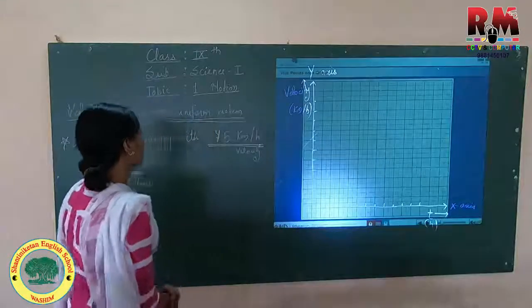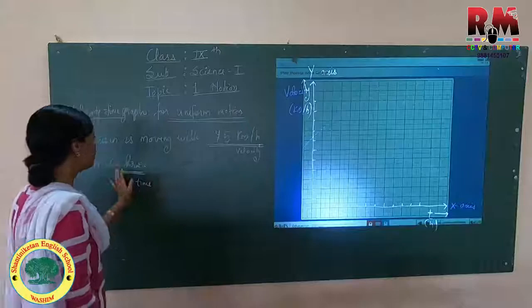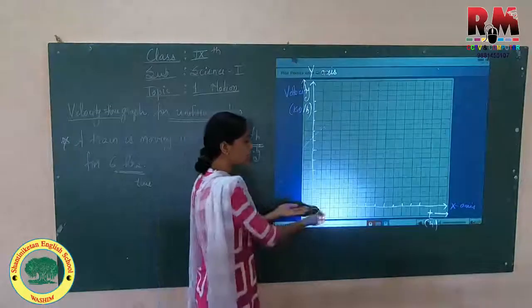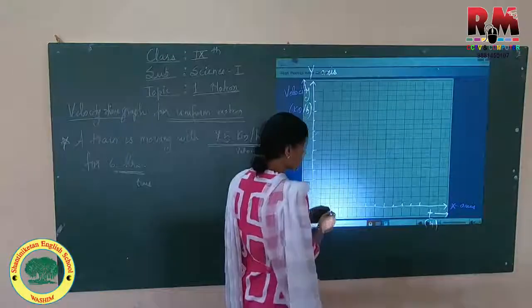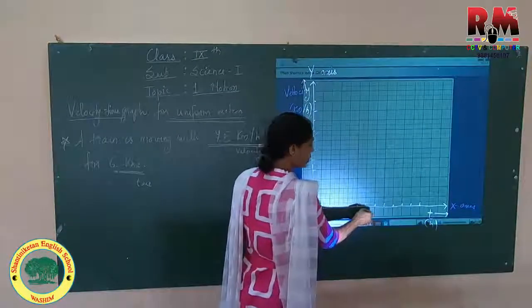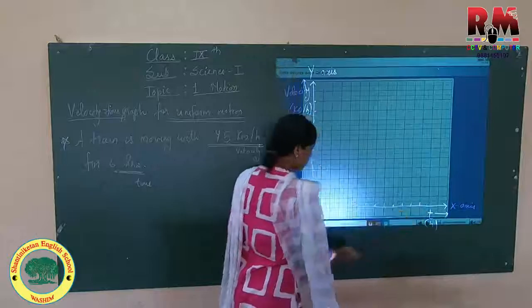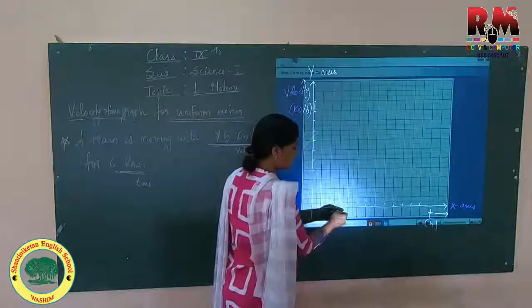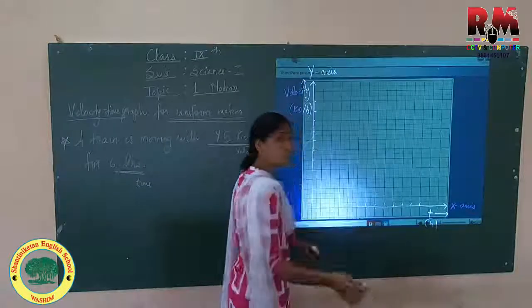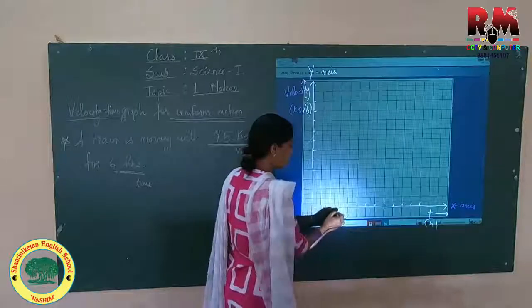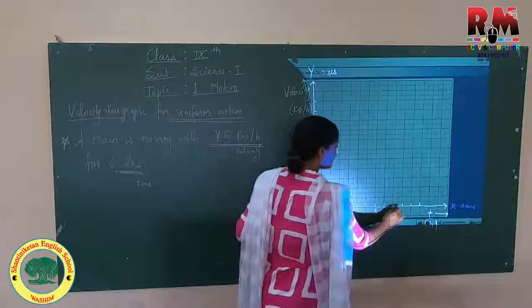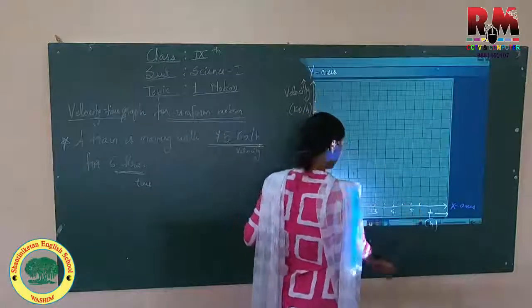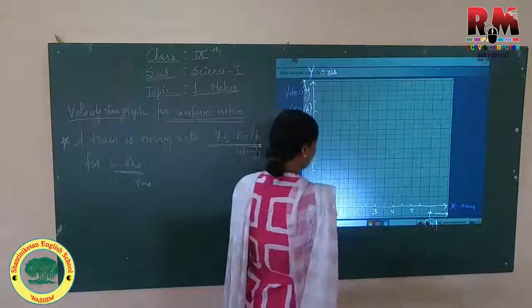Now the values are 75 and 6. You can't directly take 6 and 75; you still have to draw one by one. So you may take 1, 2, 3, 4, 5, 6.